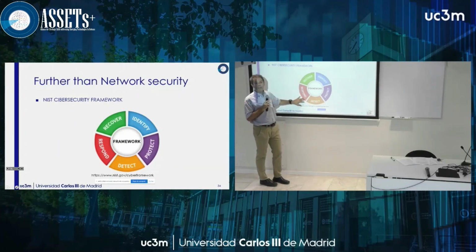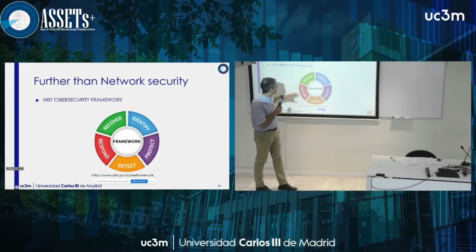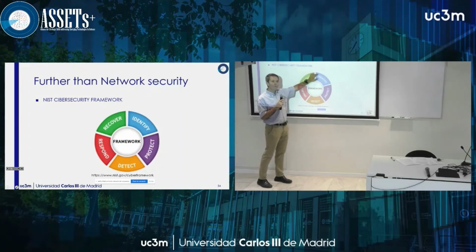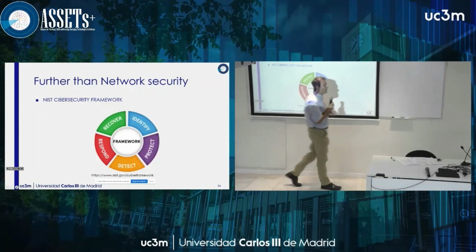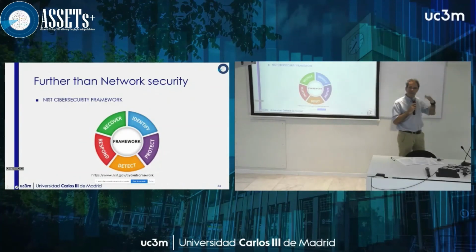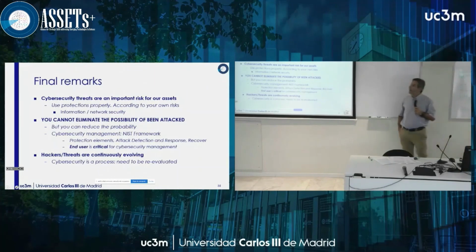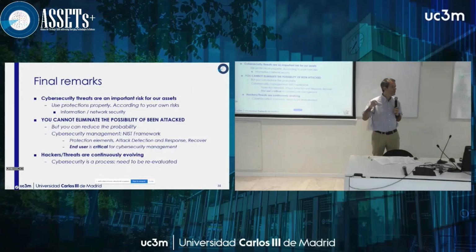If we have an attack, and we know because we have detected it, we have to respond. And after that, we have to recover the information we have lost. So inside these 5 functional areas, we have a lot of things to do. This kind of framework is very useful to protect your company. So I think it's a lot of information in a short time.